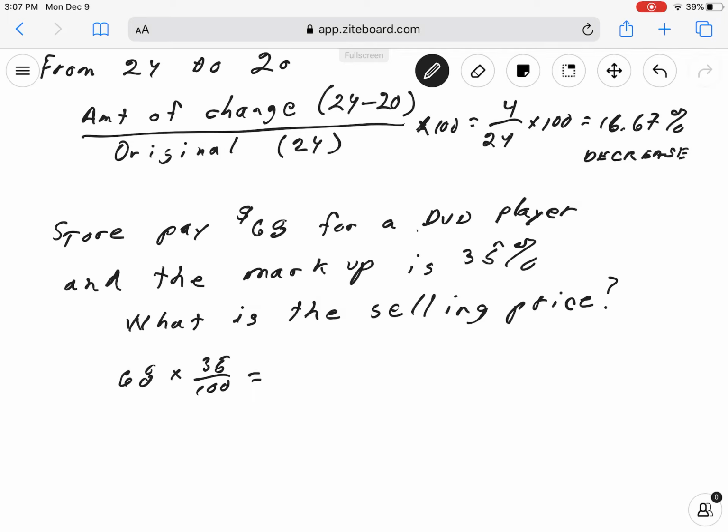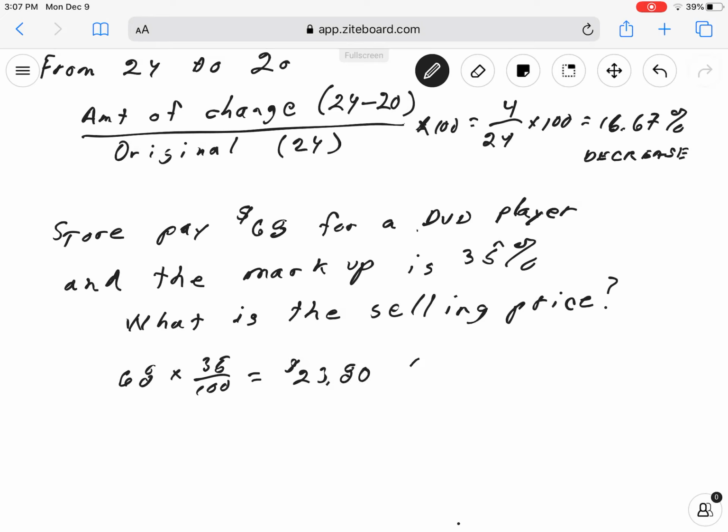That's going to give us our markup amount. And so that's 68 times 0.35, which is $23.80.